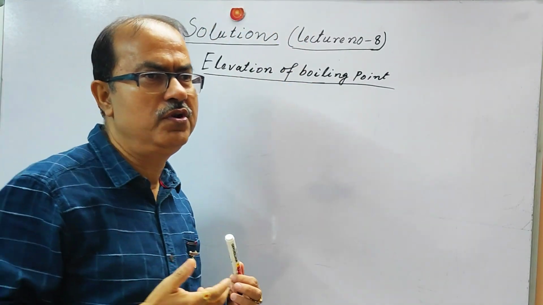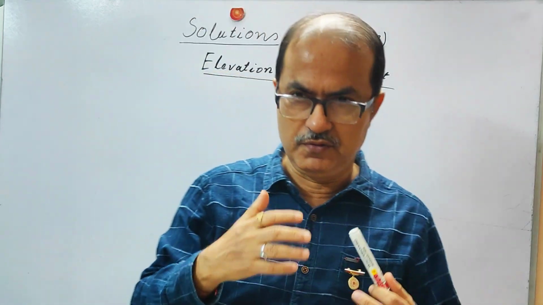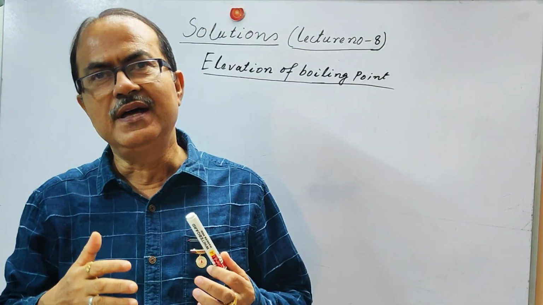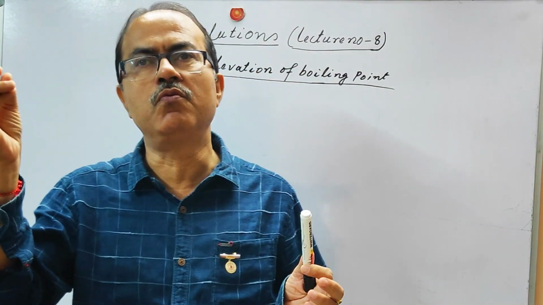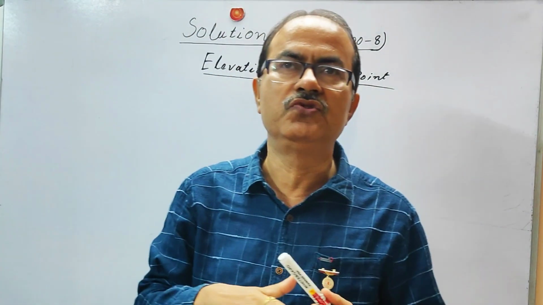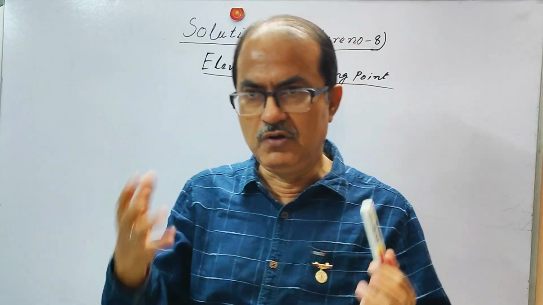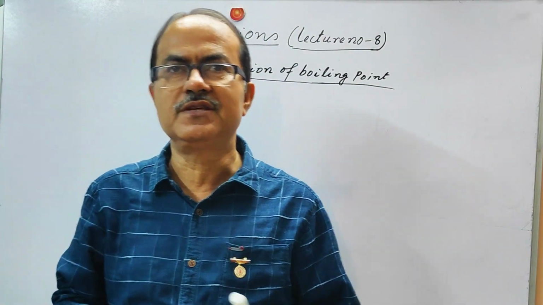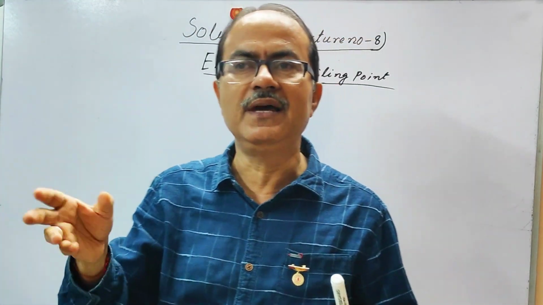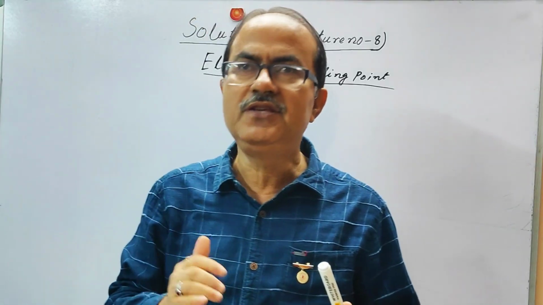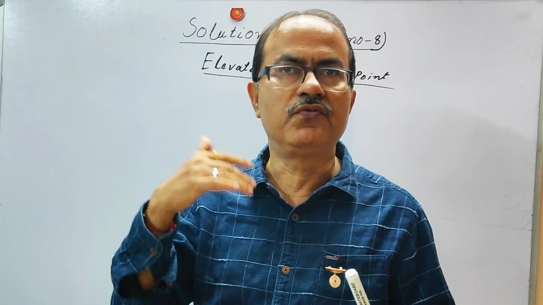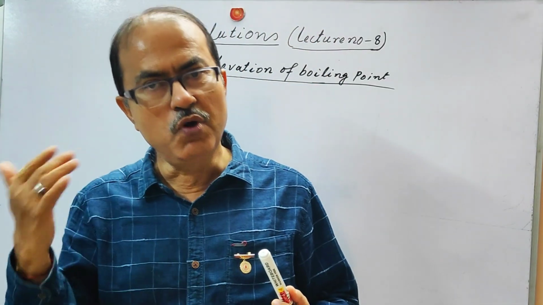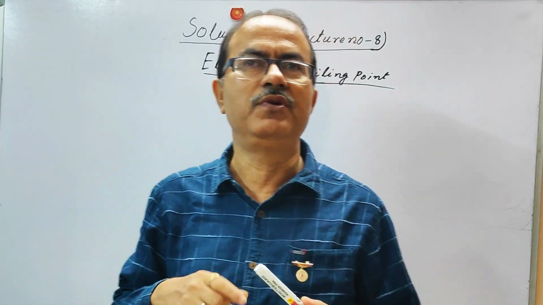In this lecture we will discuss one very important thing. We already understand that when we add a non-volatile substance to the solvent and prepare a solution, that solution has a lower vapor pressure, and this lower vapor pressure will influence the boiling point of the solution, which we are going to discuss in this lecture.